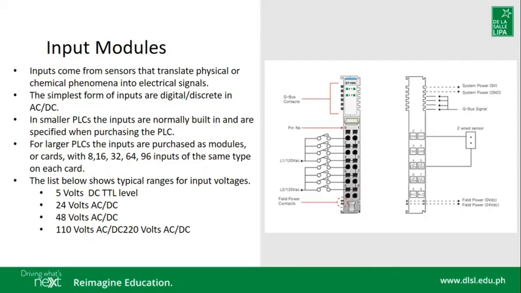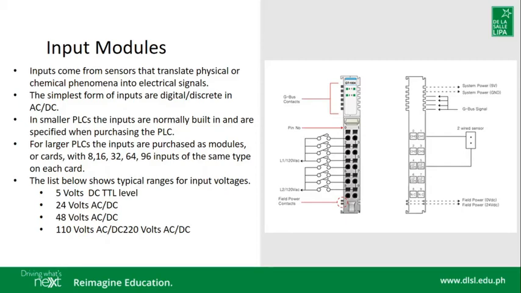The list below shows the typical ranges of input voltage. What does it mean? These are the voltage signals that the PLC could receive and can handle. Please take note that not all of these voltages are acceptable to a PLC.